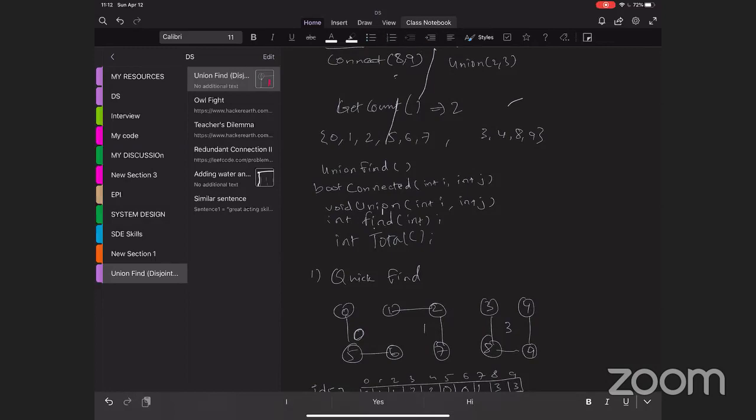I am not sure if you need it externally, but it's fine. So connected and union are the two main calls that you're going to use, the main operations, and each operation takes O of 1 time, or to be very accurate, log star n. So if you are doing m operations, either connected or union or a combination of both, it is going to take m into log star n time.